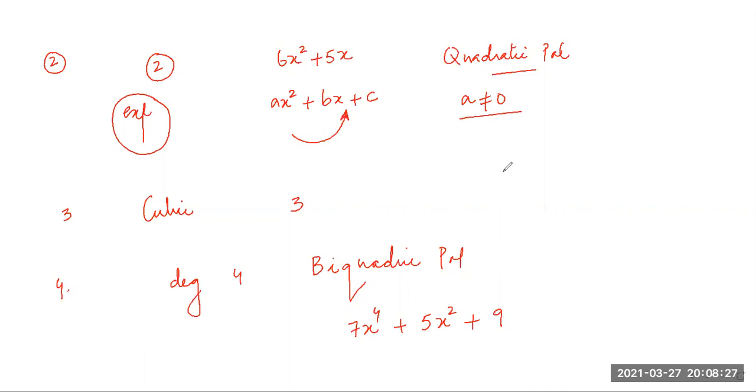It's interesting to see, students, that the degree of a polynomial is equal to the number of its zeros. Let's discuss what the zeros of a polynomial are.